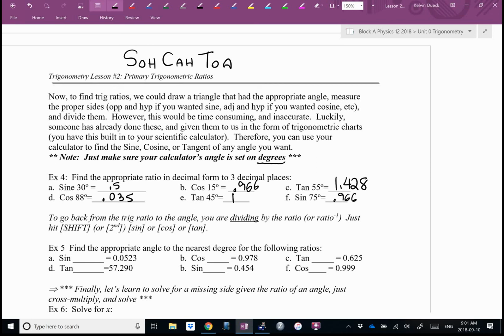What's the tangent of 0 degrees? Okay. What's the tangent of 80 degrees? So tangent can be bigger than 1. Sine and cosine can't. Okay, what's the tangent of 90 degrees? What?